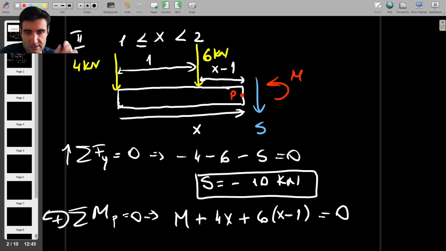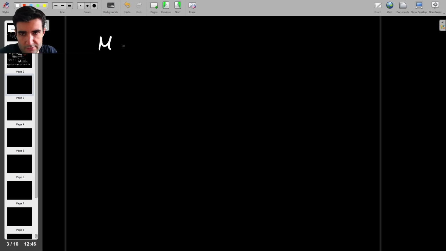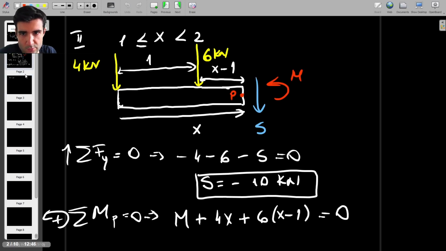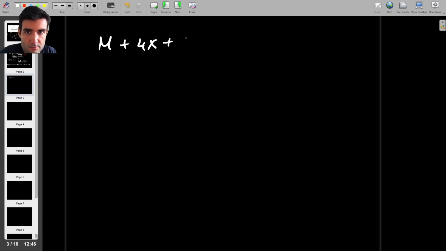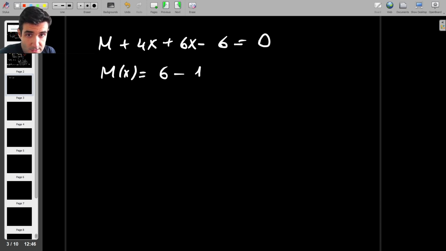So the moment due to the 6 kilonewton force is 6 times the moment arm, which is x minus 1. So if we expand this a bit, we have M plus 4x, and then plus 6x minus 6 equals 0. So the moment as a function of x is 6 minus 10x.